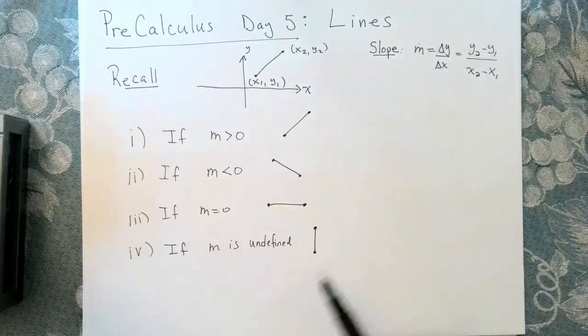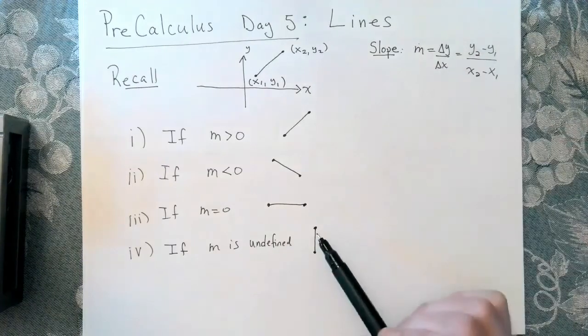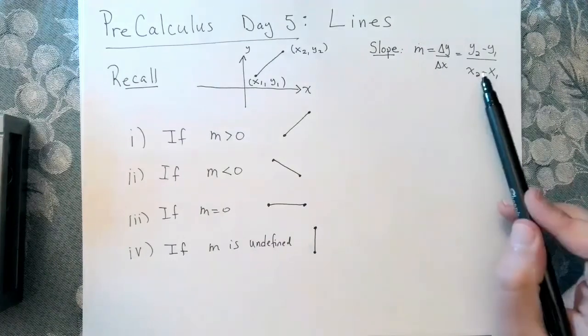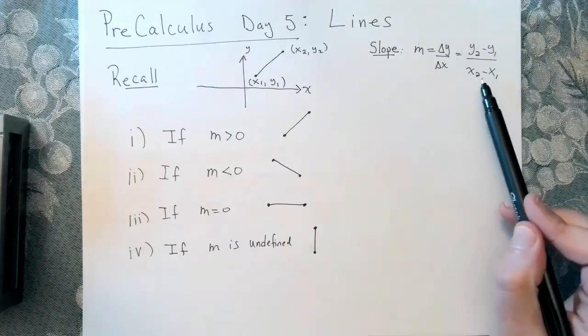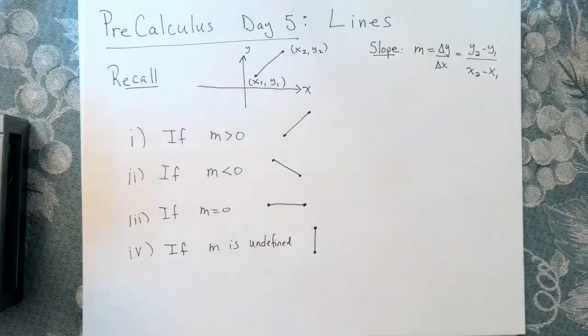It's the division by 0 that you would get in the slope formula that makes this undefined. If the x values are the same, then you're going to be dividing by 0, and then you get this situation. Sometimes further on down the road, we'll say this has infinite slope, but for now we'll say undefined.